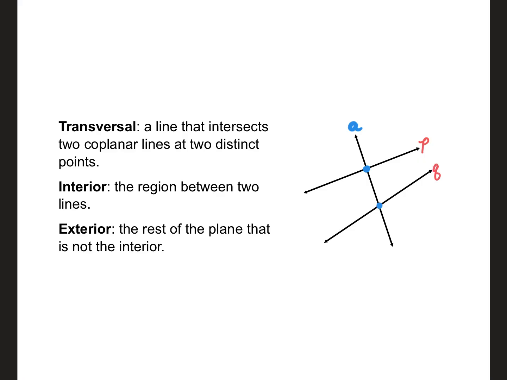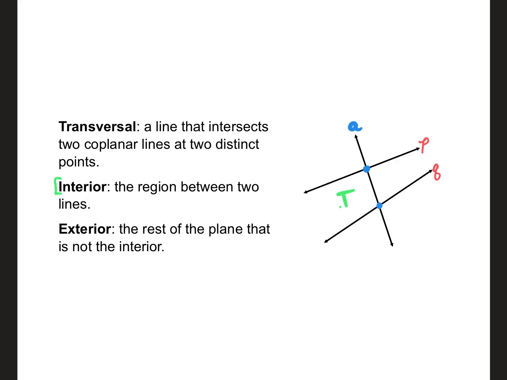Okay, so line A is the transversal, and it crosses these 2 lines here, P and Q. Now, P and Q have actually created certain regions in this plane that they exist in, this surface that they lie in, and one of which is the interior region. That's the space simply between or inside these 2 lines.